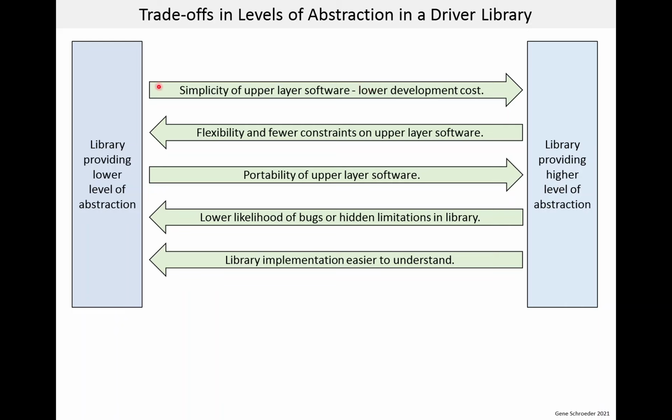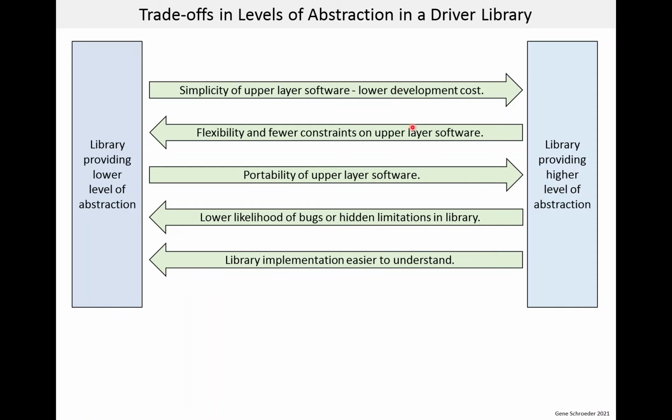The first one is simplicity of the upper layer software, which usually means lower development cost. Of course, the benefit grows as you move towards higher levels of abstraction. You probably have to write fewer lines of code, and that is always a good thing.